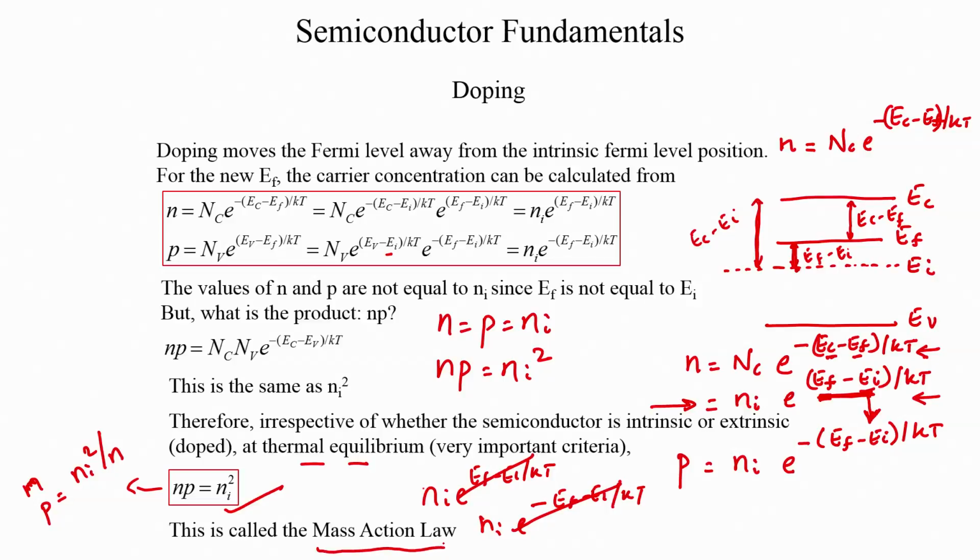Okay, and this might appear to be a very odd looking term. What is the meaning behind mass action law? Well, it essentially comes from looking at chemical reaction rates. So you can think of it as a chemical reaction that is going on. And what is the reaction? It has got to do with the generation and the recombination or the loss of these free carriers.